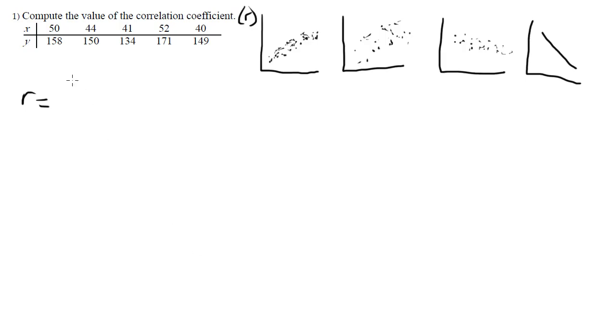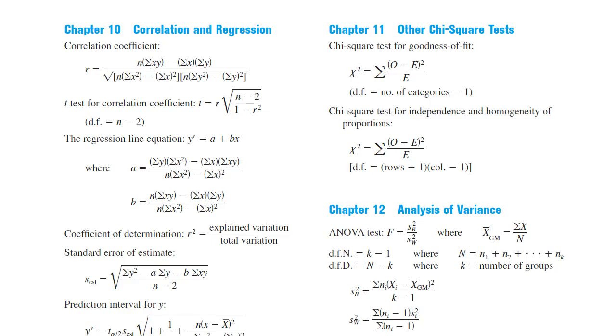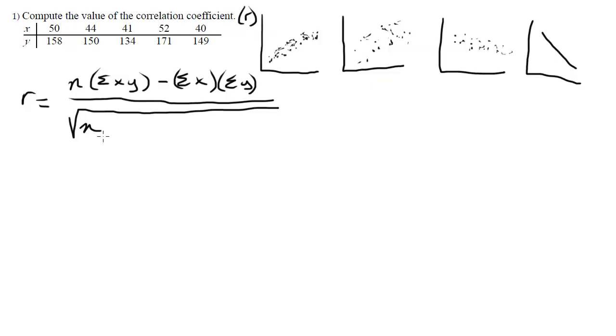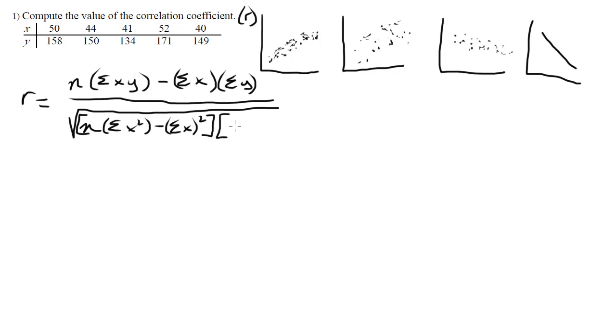N times the sum of the xy's minus the sum of x times the sum of y, over the square root of n times the sum of the x squareds minus the sum of x squared, and then I'm multiplying that by, let's close that parentheses, open another one, n times the sum of the y squareds minus the sum of y squared. There's a whole lot of stuff in there.